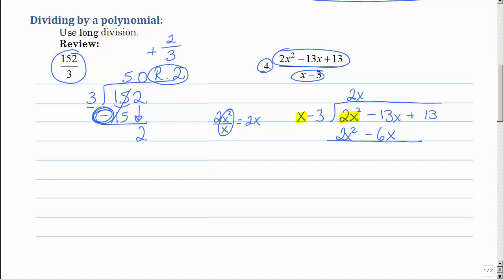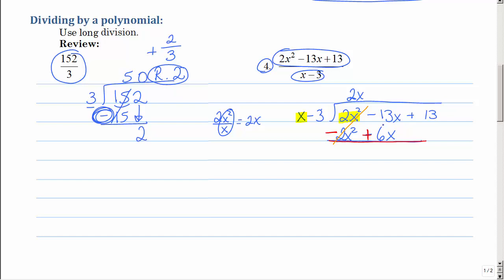So when we subtract in algebra, we add the opposite. So I'm going to change my signs. So draw this line and change your signs. Now add. This first term should always go to 0. If it doesn't, you messed up.